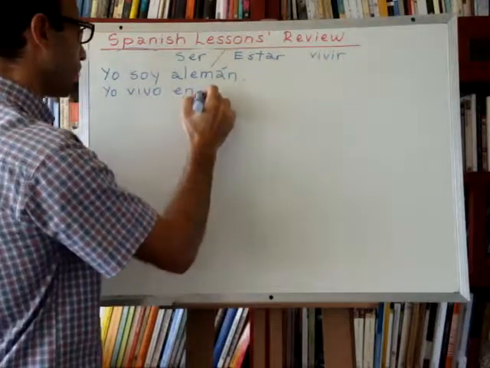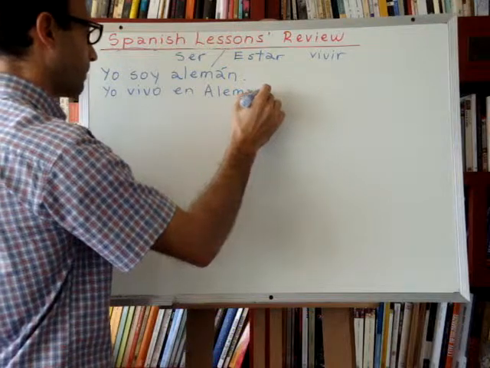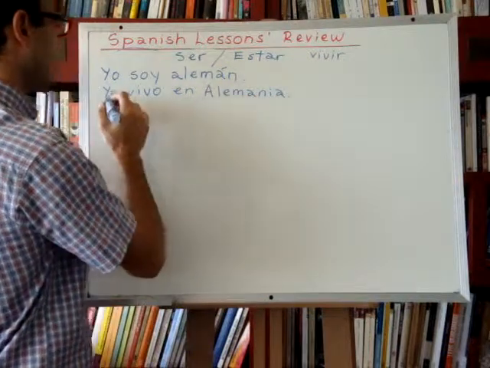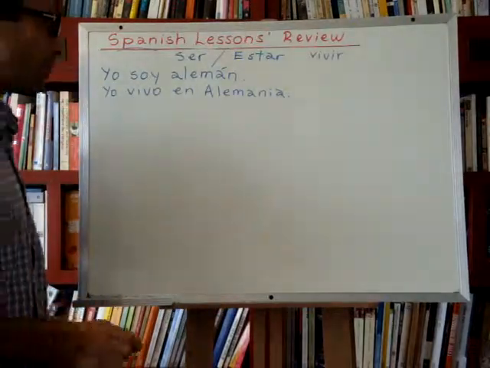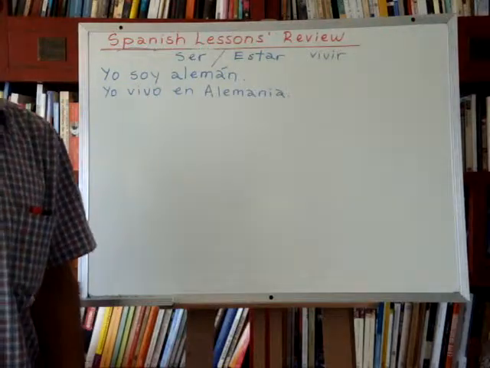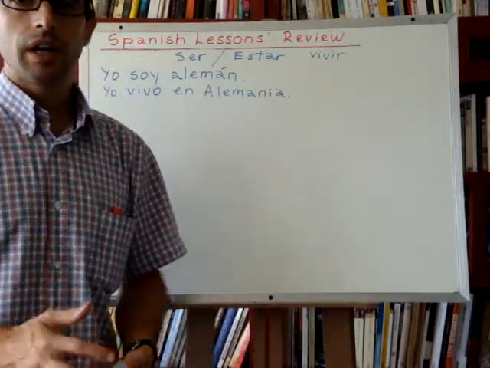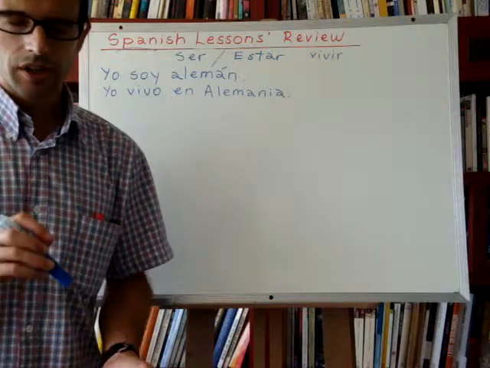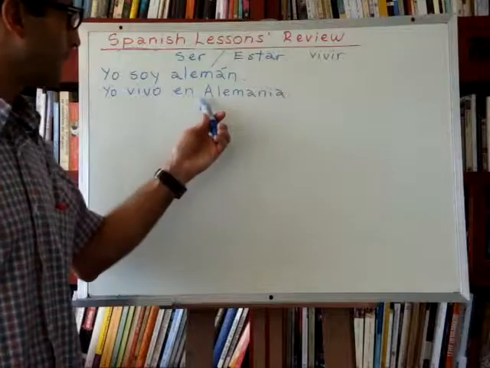Which is the word for Germany? Alemania, right? Yo vivo en Alemania. And here, the name of the country is written with capital, of course, right? Because it is a given name, right? A country's name is like a given name. So names are always written with capital first, right?